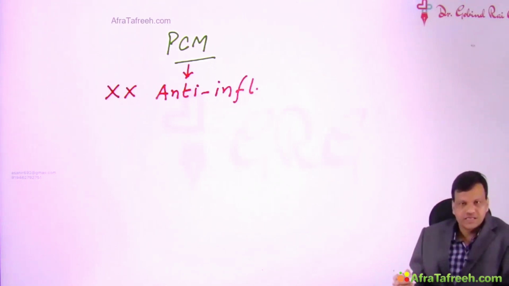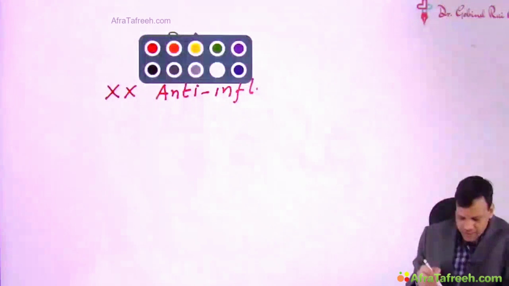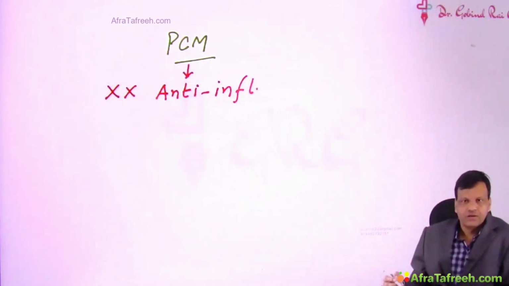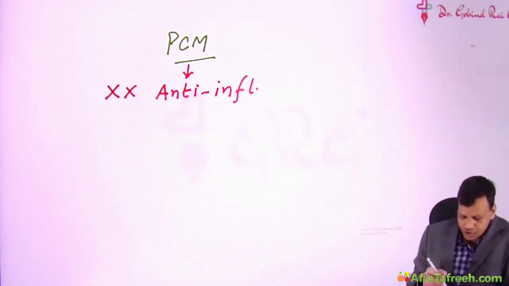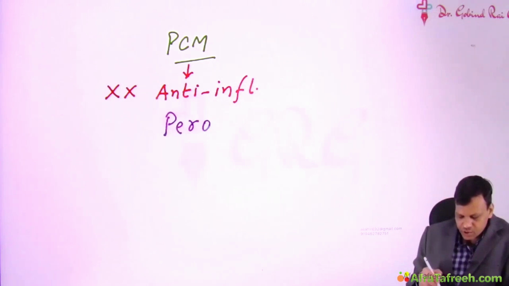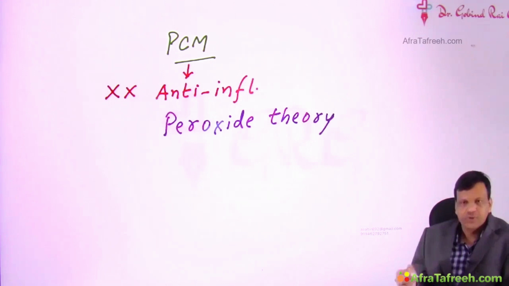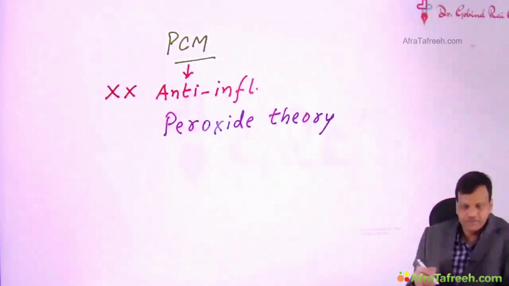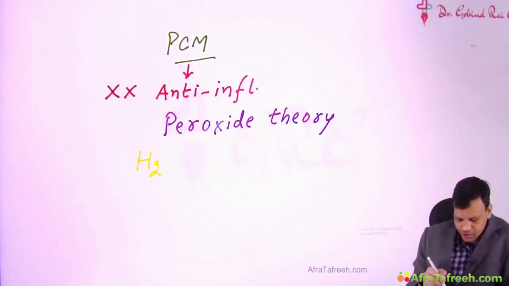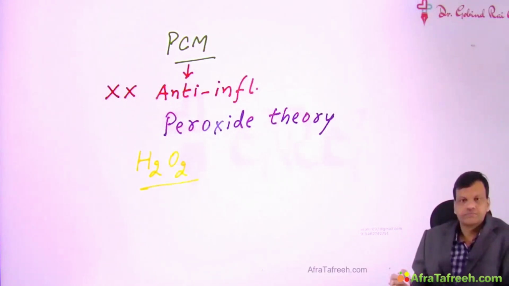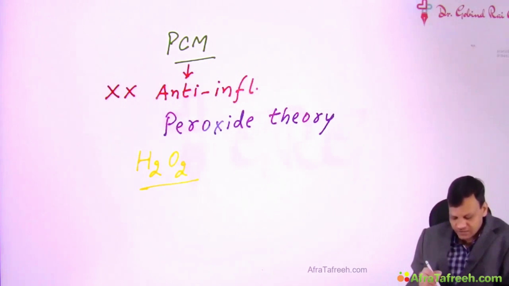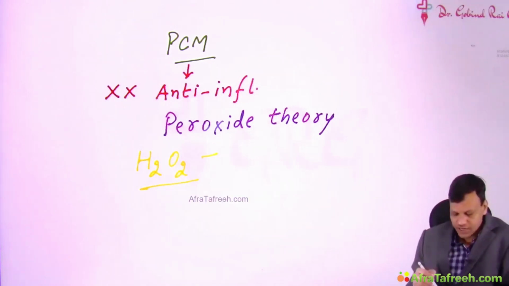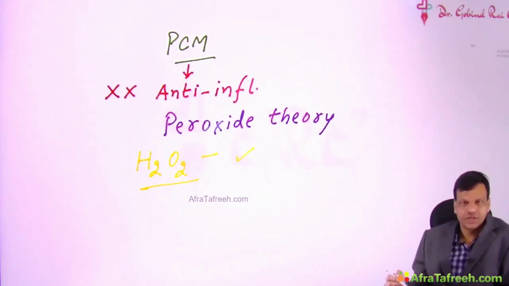Now to explain why it does not have anti-inflammatory activity, a theory was made. That theory was called the peroxide theory. According to this theory, paracetamol becomes inactive in the presence of hydrogen peroxide. At the site of inflammation, there is formation of a large amount of hydrogen peroxide, so paracetamol is not able to work.